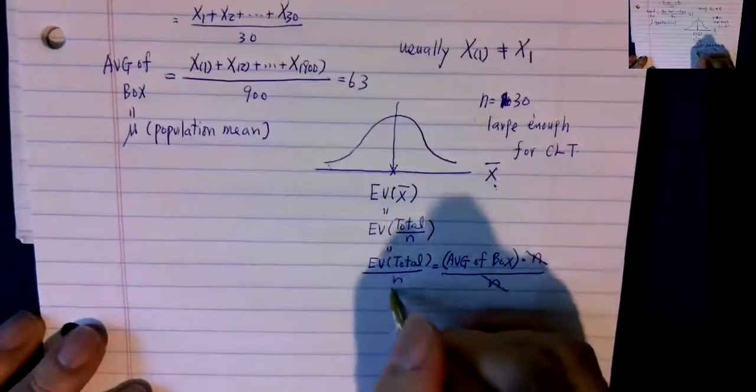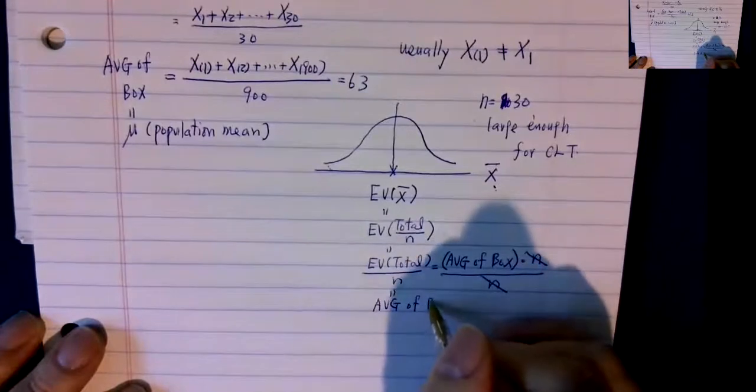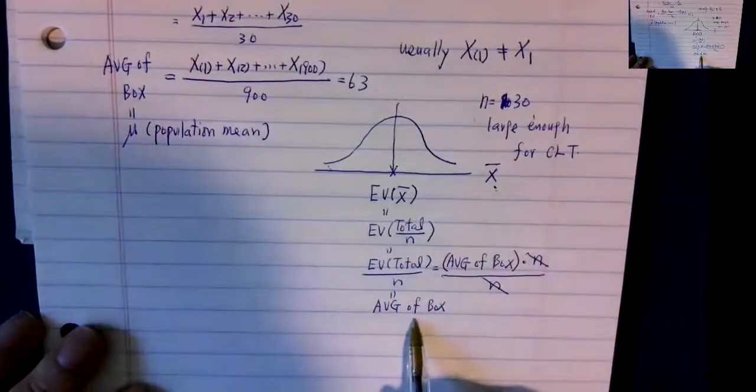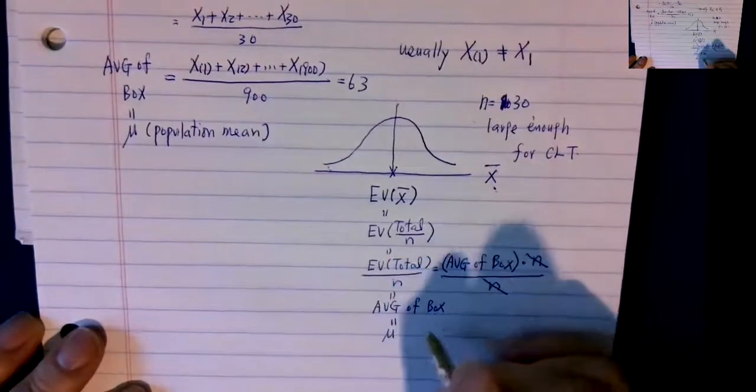So this one is just what? Average of the box. But is this a sum box or count box? This is a sum box. So for a sum box, we just use mean.